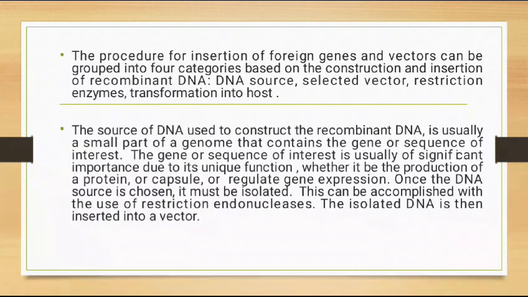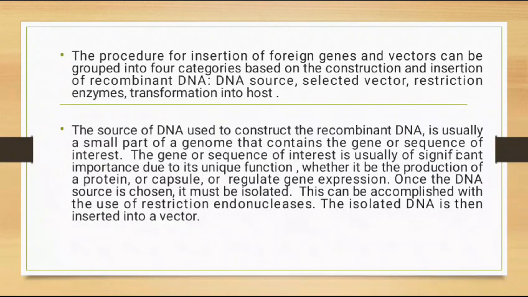The source of DNA used to construct the recombinant DNA is usually a small part of a genome that contains the gene or sequence of interest. The gene or sequence of interest is usually of significant importance due to its unique function, whether it be the production of a protein or capsule or regulating gene expression.